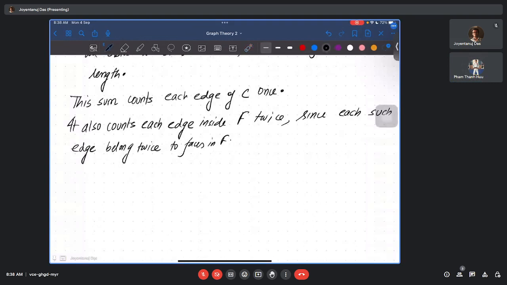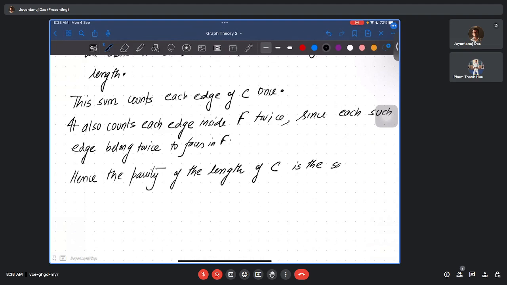Hence, the parity of the length of C is the same as the parity of the full sum. Parity means whether it is even or odd. Because an edge inside is always counted twice, it will always be even.